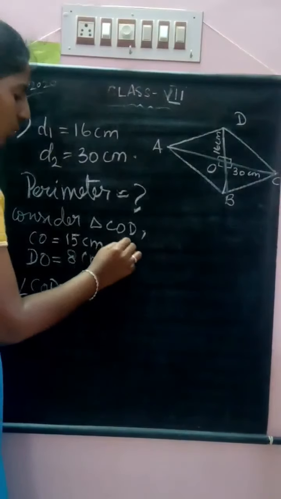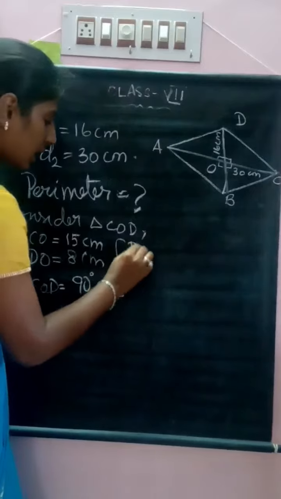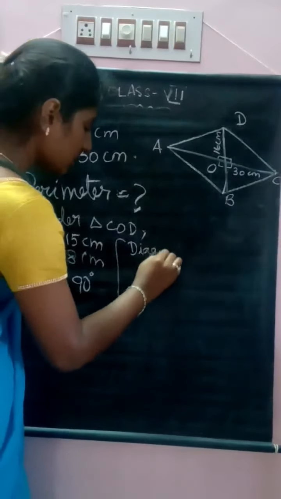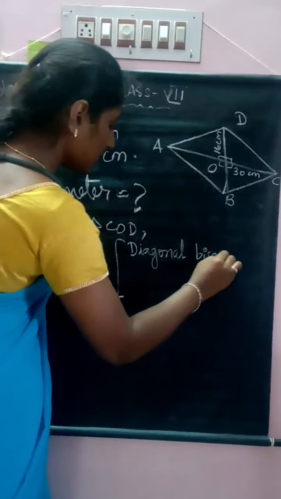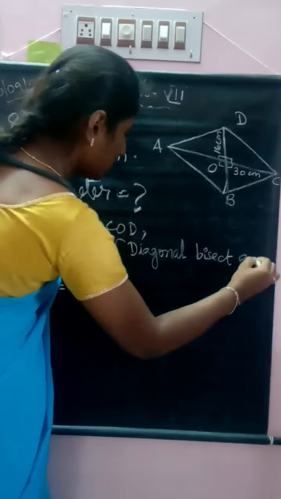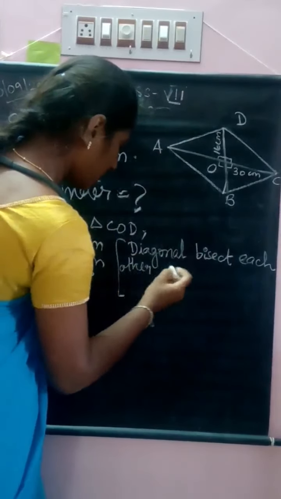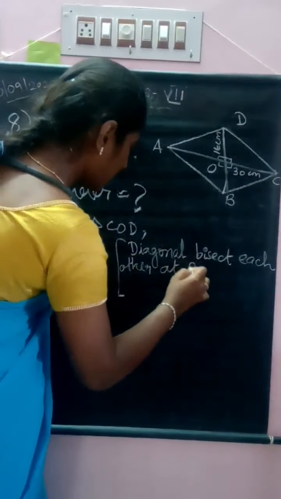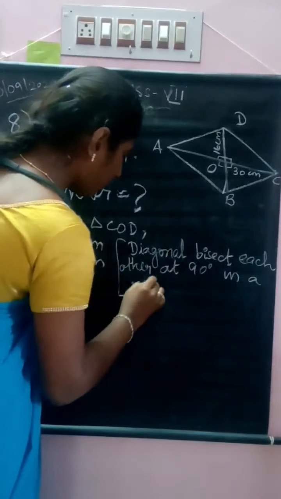Clear? So how are these three possible? Because diagonals bisect each other at 90 degree in a rhombus.